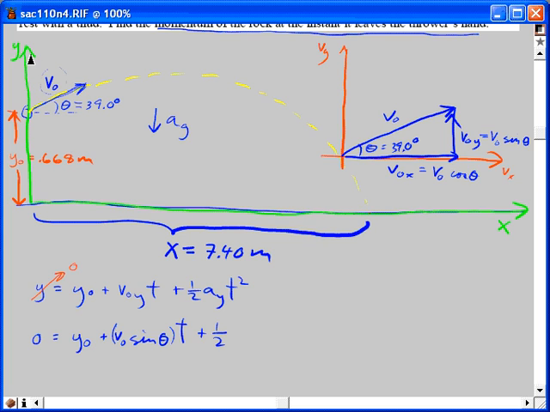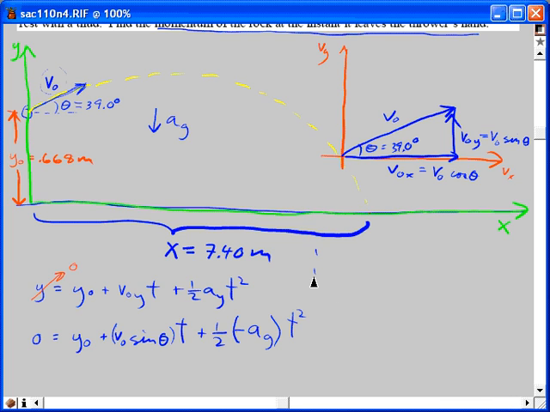What's the acceleration in the plus y direction? That's a minus a sub g. So the component of the acceleration in the y direction is minus a sub g. I multiply that by t squared. And I've got an expression involving the time and the unknown initial velocity. And the time is unknown, so I'm not going to be able to solve for anything there.